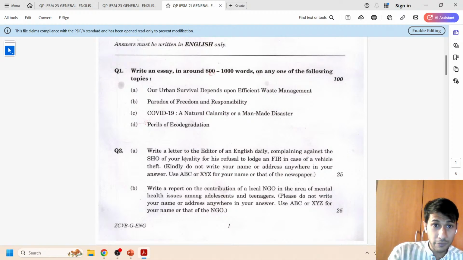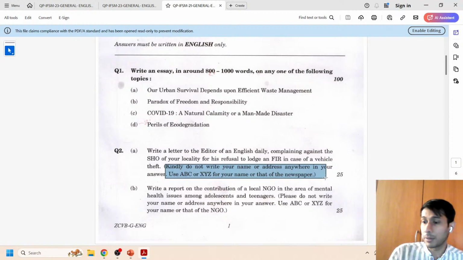See, they specifically mention: kindly do not write your name or address anywhere in your answer. Use ABC or XYZ for your name or that of a newspaper. So even for the newspaper, you do not have to mention the name per se.